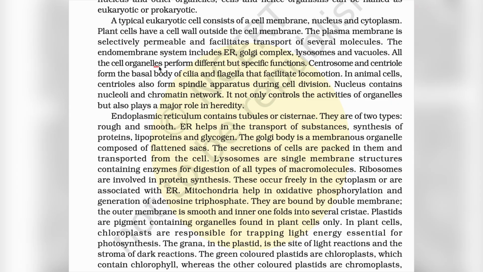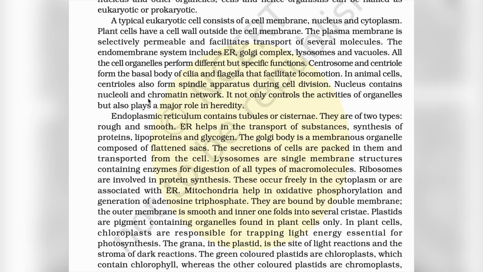All the cell organelles perform different but specific functions. Centrosome and centriole form the basal body of cilia and flagella that facilitates locomotion. In animal cells, centriole also forms spindle apparatus during cell division.